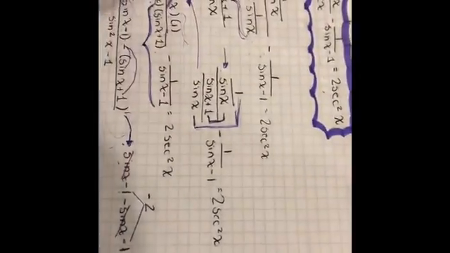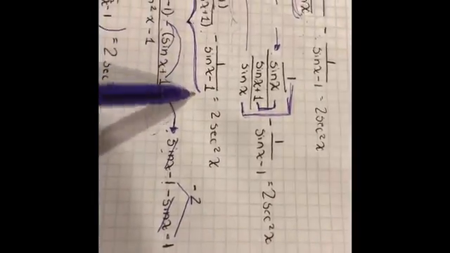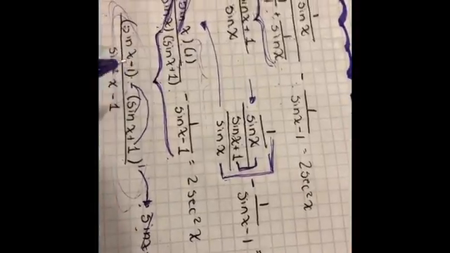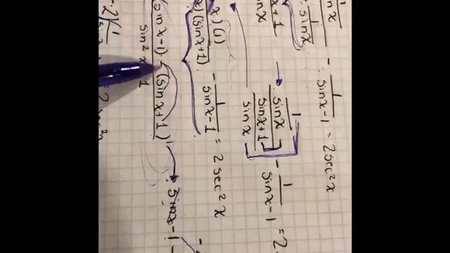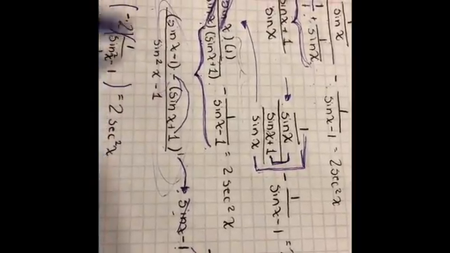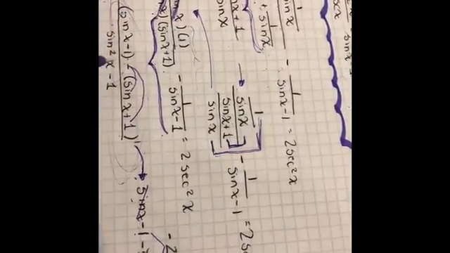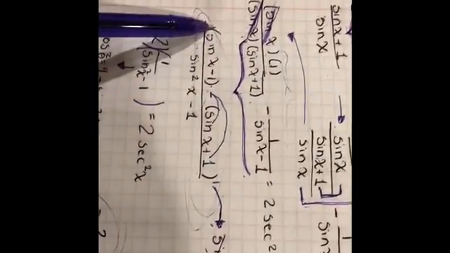After that, we will have to solve this operation. So we will have sine of x minus 1 minus sine of x plus 1, like multiplying, because this sign is multiplying this second operation. And at the bottom, sine squared minus 1. So here we need to get rid of the parentheses.